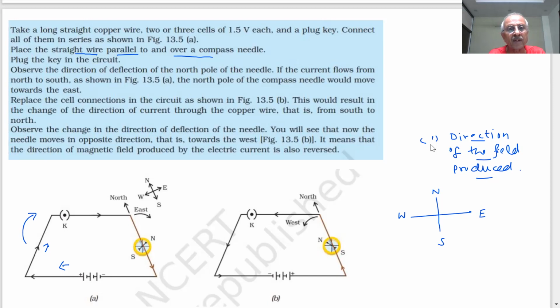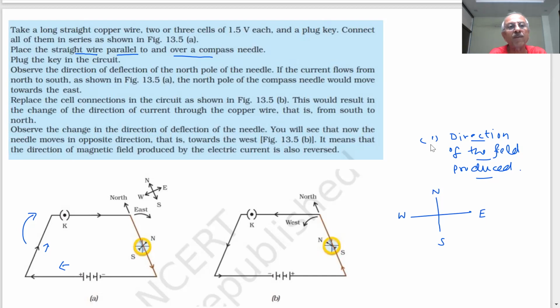What happens? This is our north, south, east, west. We will find the deflection that takes place in the needle. In which direction? If the current flows from north to south, what happens?